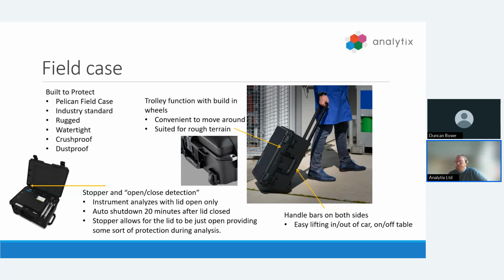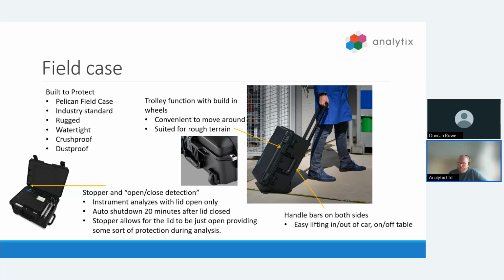It's very rugged, watertight, crush-proof, dust-proof, and has a number of features like trolley wheels and handles to help with that portability and ease of use. Another nice feature is the lid has a start-stop function, meaning that the instrument will not analyze unless the lid is open. And what this does is save you both battery power and carrier gas when you're out in the field.